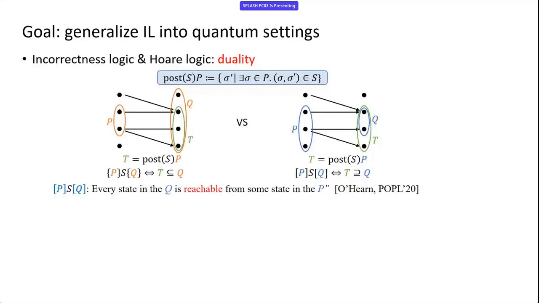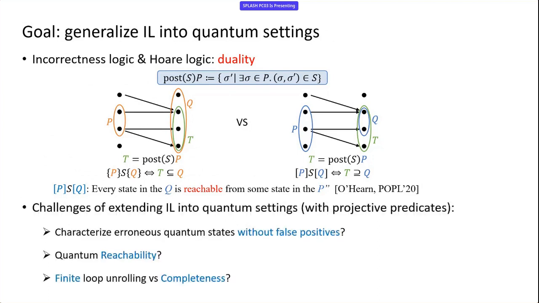So first, I want to introduce something about incorrectness logic. Here we define, given a program S and a predicate P, the post of S as the set of states sigma prime that are reachable from some state in predicate P. So in the left figure, the left side nodes denote the set of input states, and the right side nodes denote the set of outputs, and the arrows denote the transition relation.